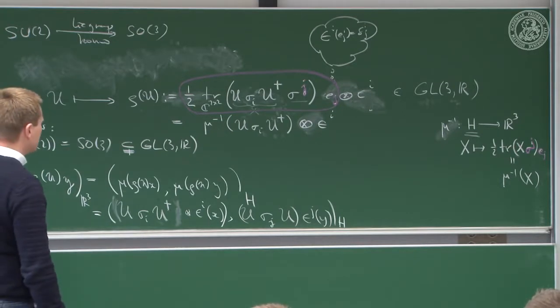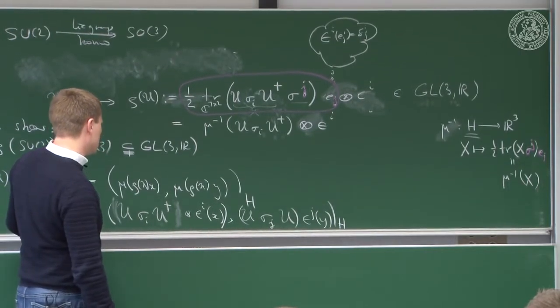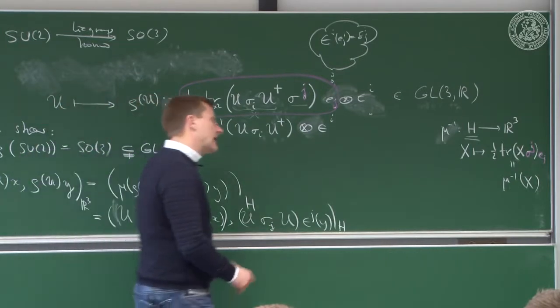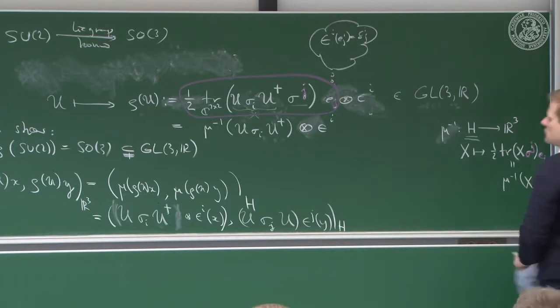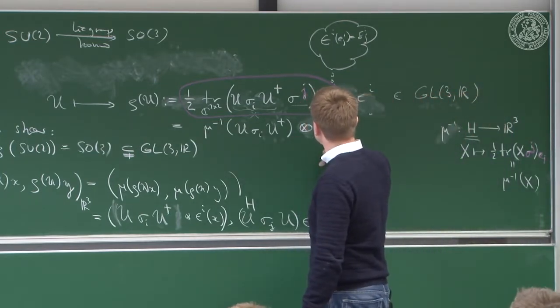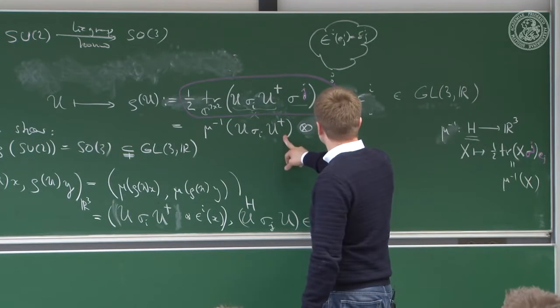I see your point. I just don't think it acts on there. Okay, let's write it. I see your point. You say it's true that this is the mu inverse of this and then tensored with this. And so this makes sense because this is an element of H.